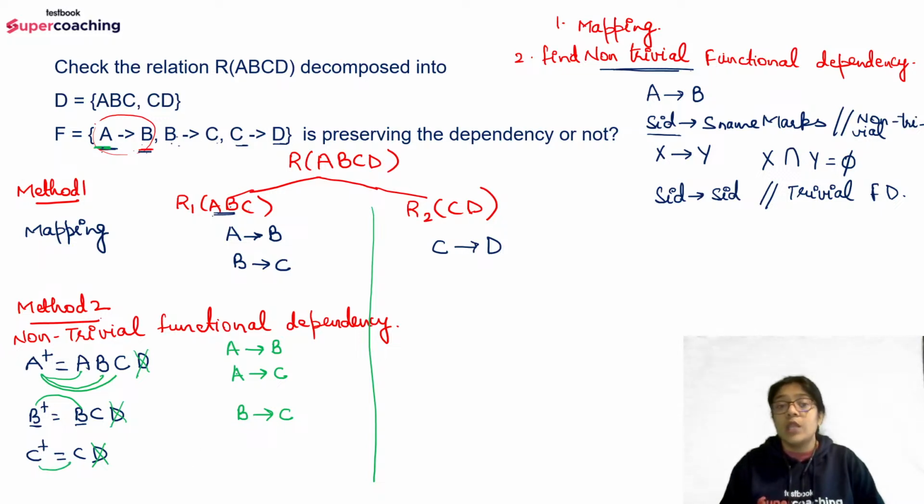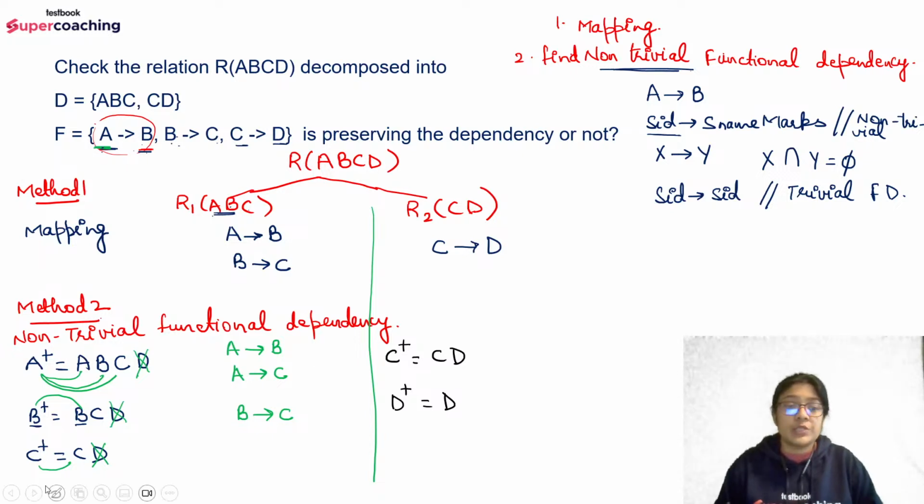No. So that means sub relation R1 के लिए आपके पास तीन non-trivial functional dependencies आई. Similarly, we can find for R2. C closure is CD and D closure is D. So for this relation, we are just getting one non-trivial functional dependency, that is C determines D.